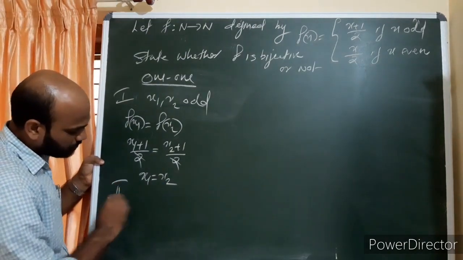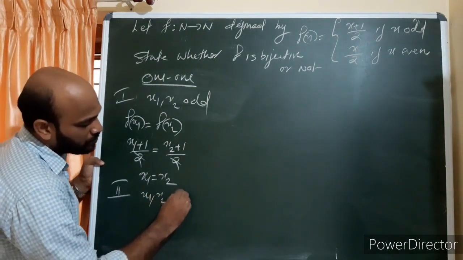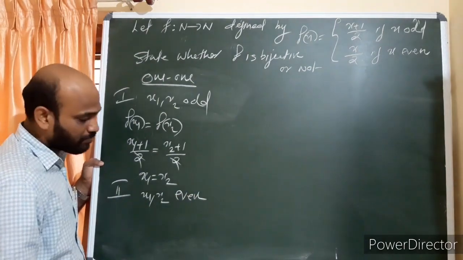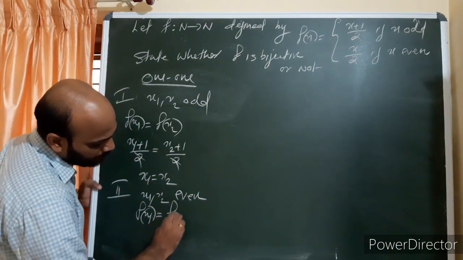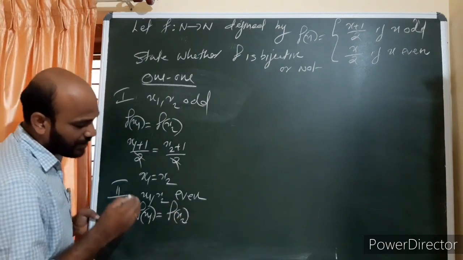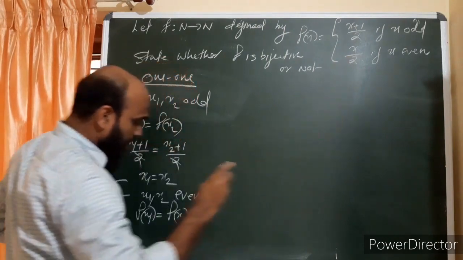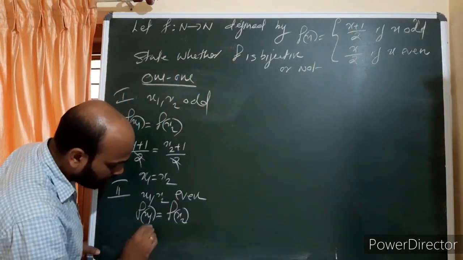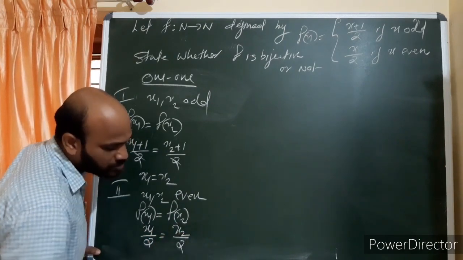Now case 2. x1, x2 are even, such that f of x1 equal to f of x2. Since x1 is even, you have to use the second definition, f of x equal to x by 2. So f of x1 will be x1 by 2, equal to f of x2, x2 by 2.